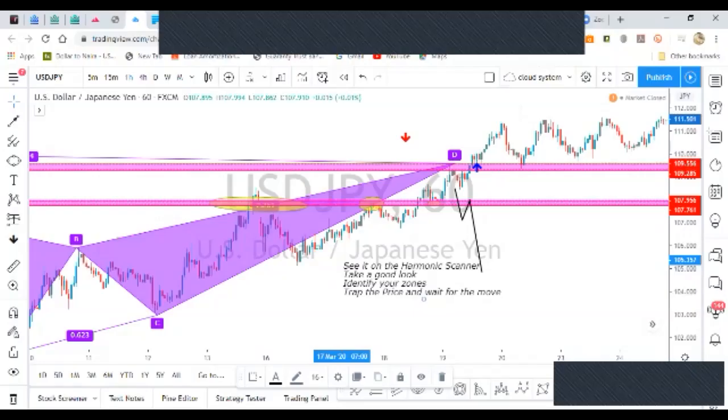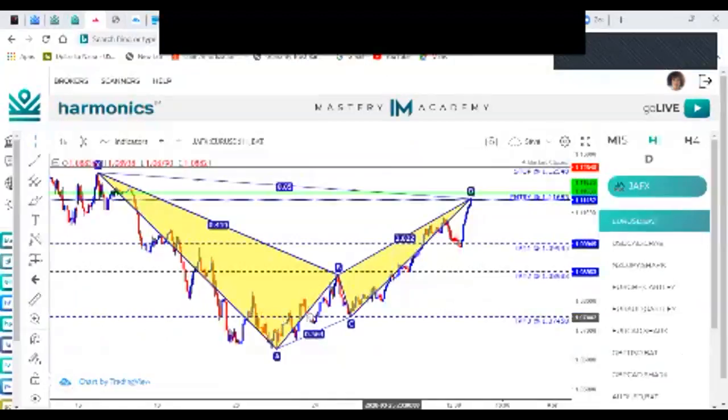Okay. I'll handle it in a bit. So we currently have Euro USD on the harmonic scanner.